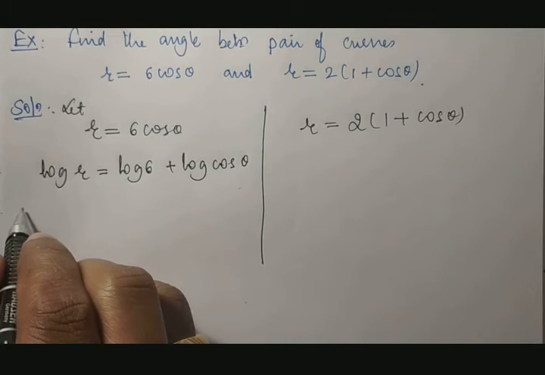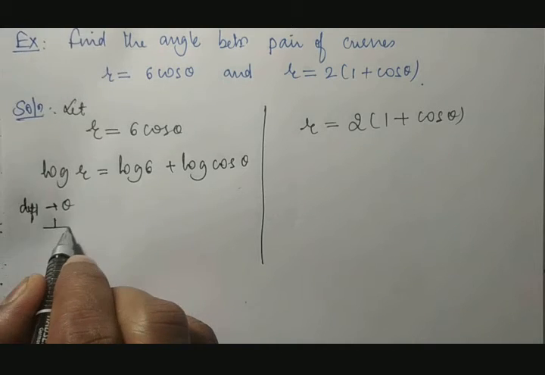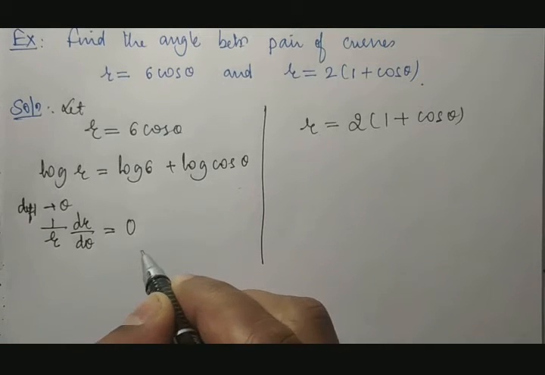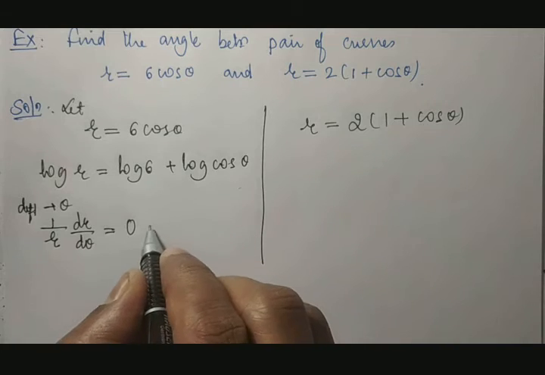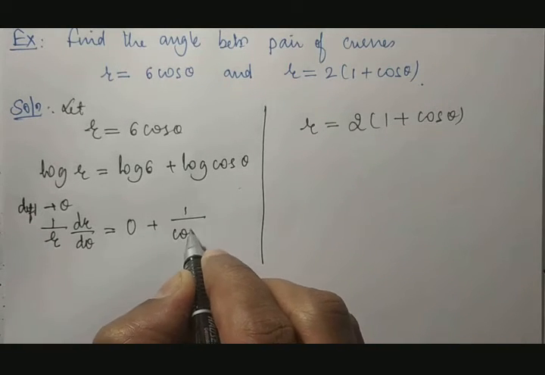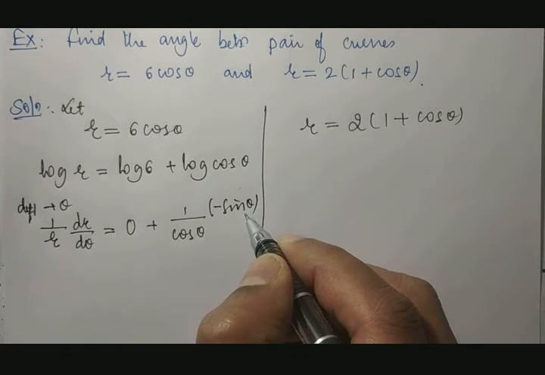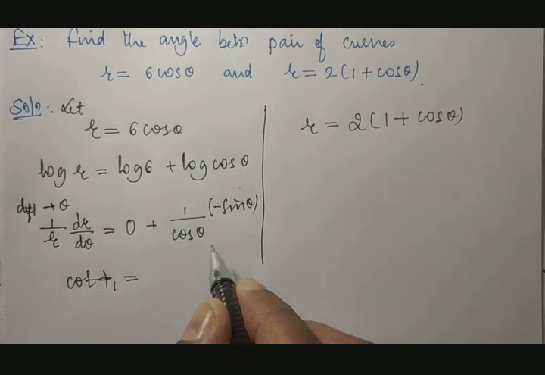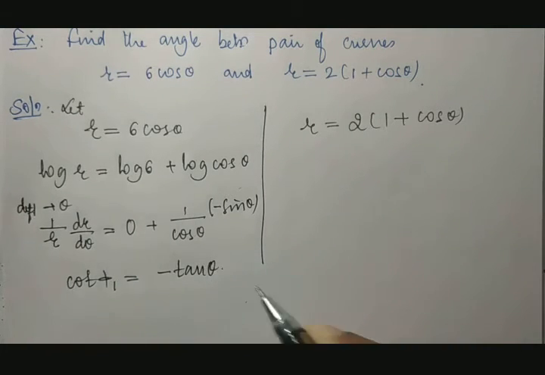Then differentiating this with respect to theta gives 1 divided by r into dr by d theta is equal to 0, because log 6 is a constant, plus 1 divided by cos theta, and the differentiation of cos theta is minus sin theta. Therefore, 1 by r into dr by d theta can be taken as cot phi 1. Then it is minus sin theta by cos theta, which is minus tan theta.